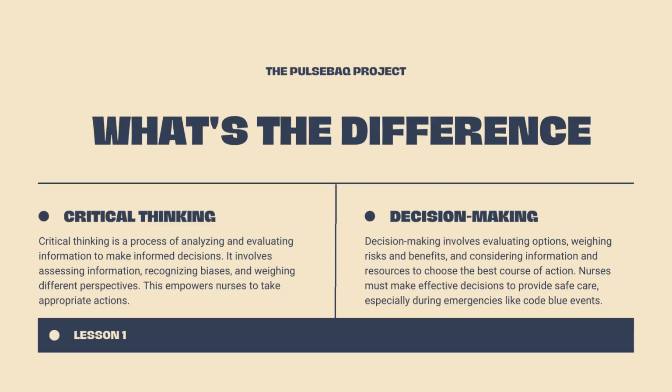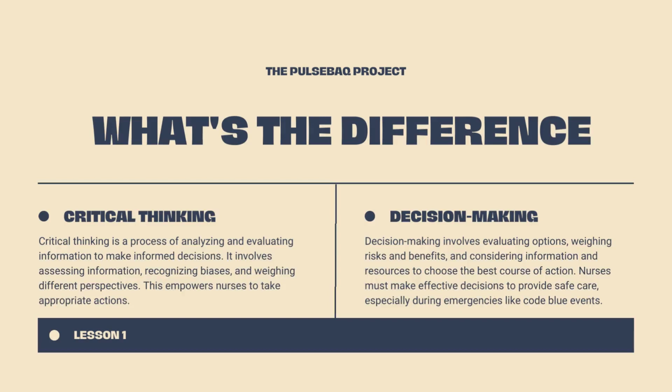So critical thinking is the process of analyzing and evaluating the information to make these informed decisions. You can't necessarily critically think to the fullest extent during one of these emergent events. And you can't make good decisions, weighing the risks and benefits and considering all the information in those emergent events, without already having some form of evaluating what steps you would take or what things you would change.